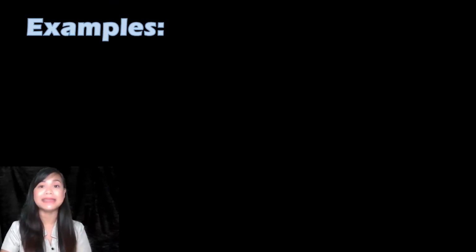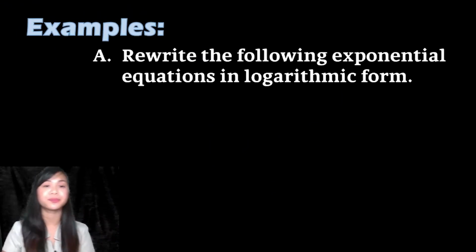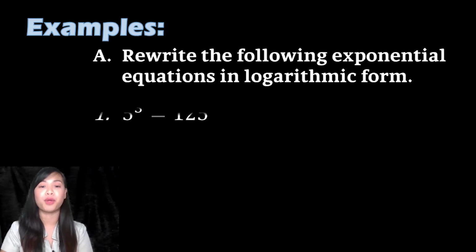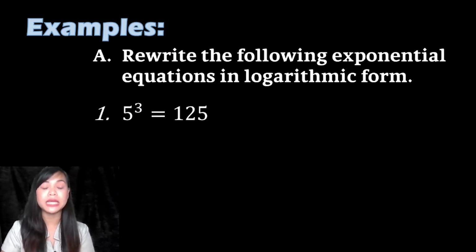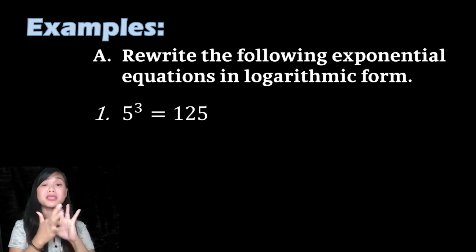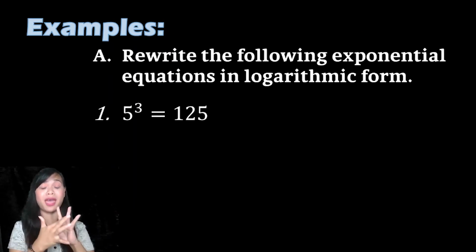Now, let's have examples. First, we need to rewrite the following exponential equations in logarithmic form. We have first 5 raised to 3, or 5 cubed, equals 125. How does it become 125? 5 times 5 is equal to 25.